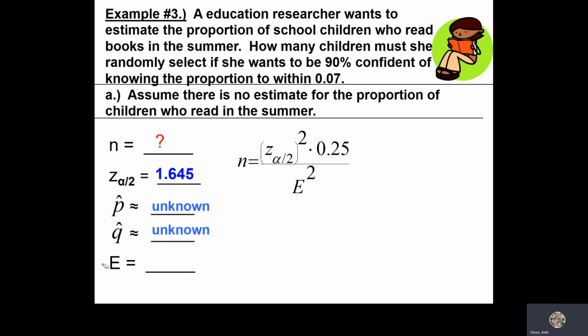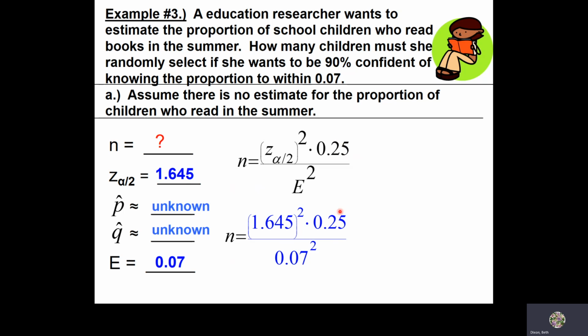Our error is 0.07. And so now we're going to plug and chug. We're just going to plug in those values. Our z becomes 1.645, squared.